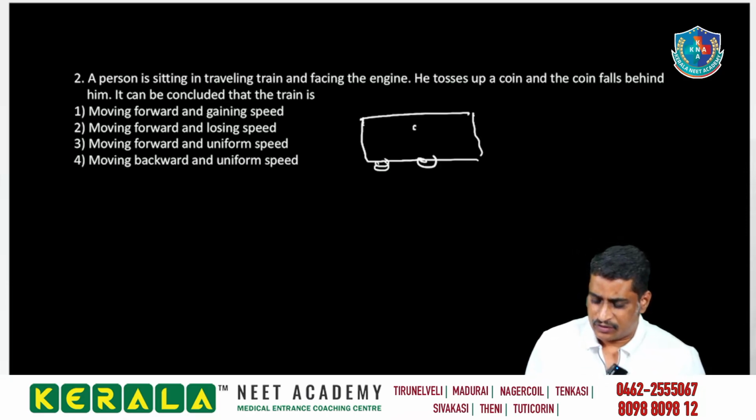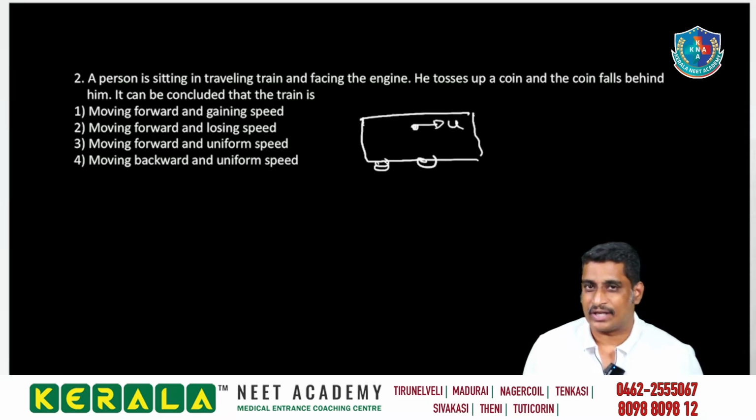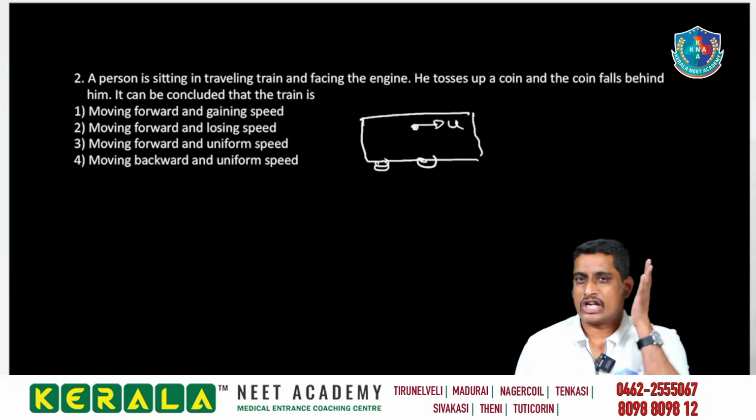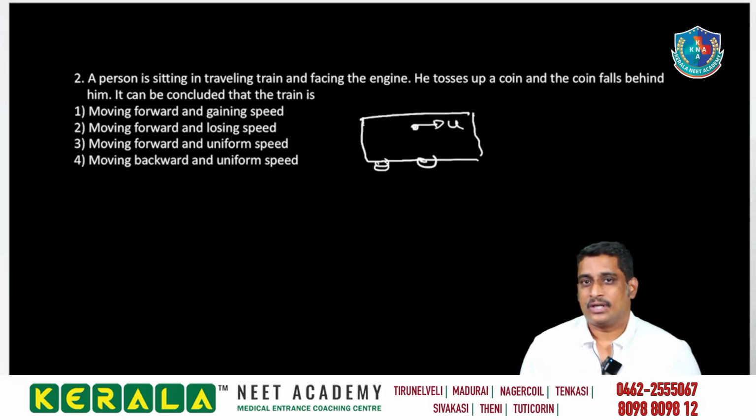As soon as he released it, that stone gets the same velocity as that of the train by means of inertia. That means the horizontal velocity component of the stone is the same as that of the train at that moment.